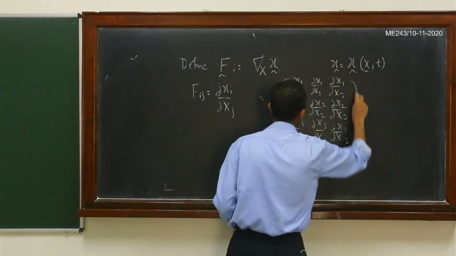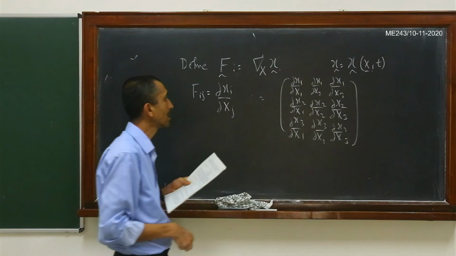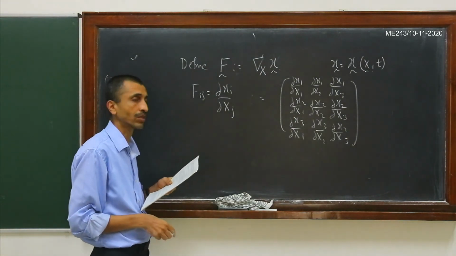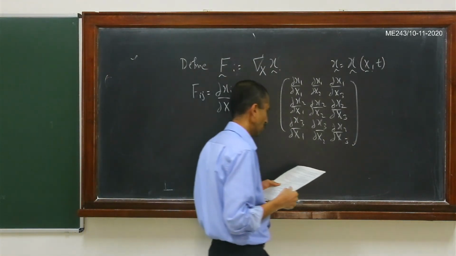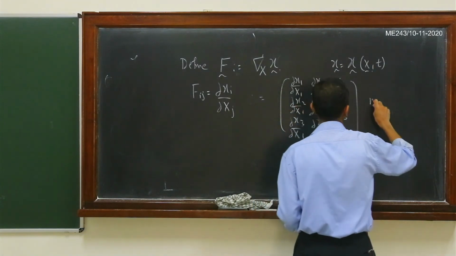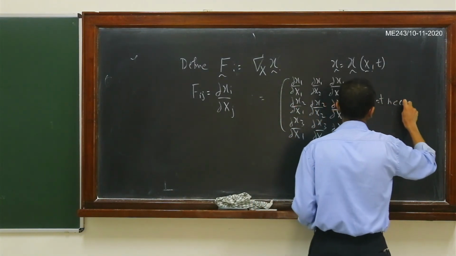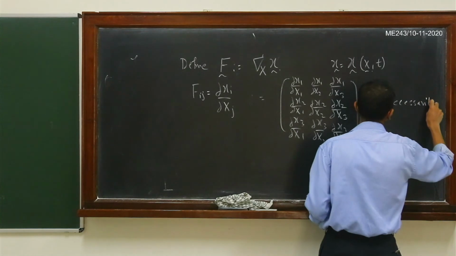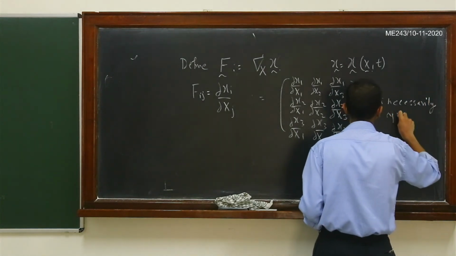So this is a 3 by 3 matrix, not necessarily symmetric. So in general, unsymmetric.